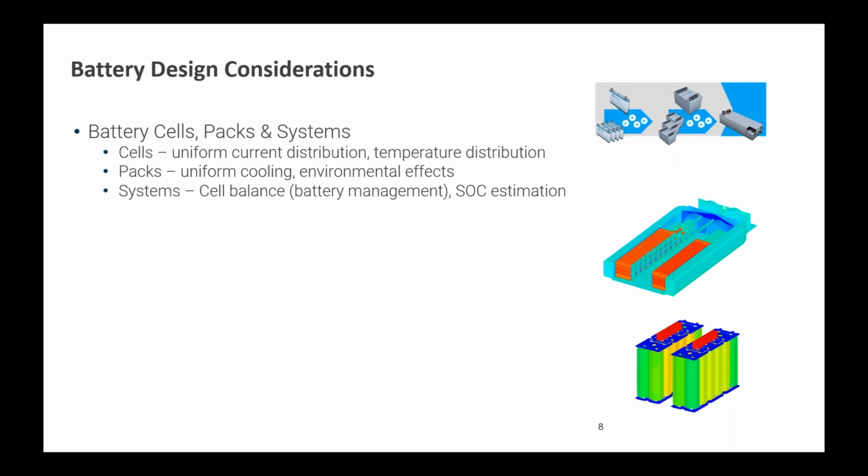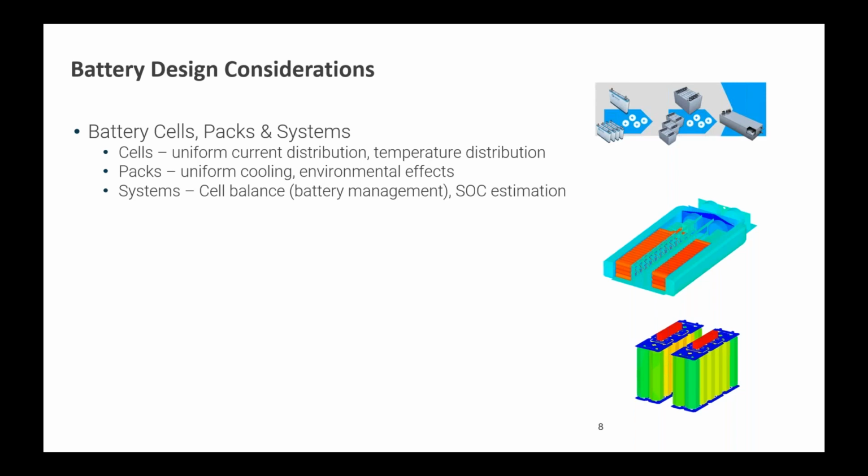So you have a cell level where you're looking at individual cells, both internal and external, mainly looking at uniform current distribution through the pack, temperature distribution, and internally you can also look at the uniformity of utilizing the active material. You can look at hot spots in cells and see what your internal temperatures are and make sure they're not exceeding safe limits, and that the lifetime is going to be substantial enough to satisfy customer needs.